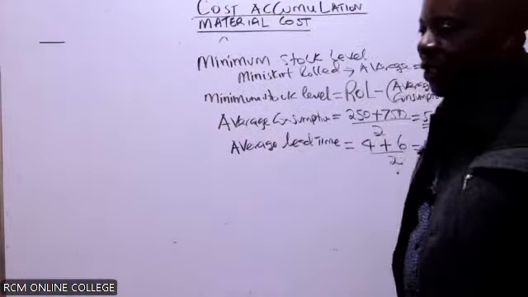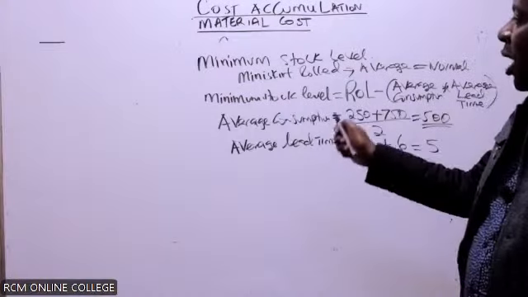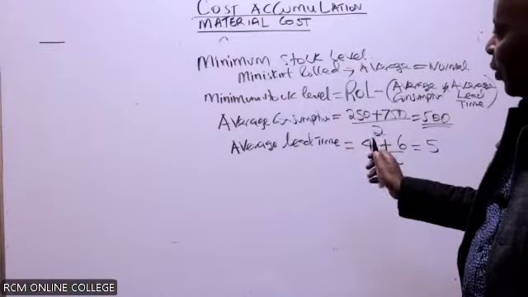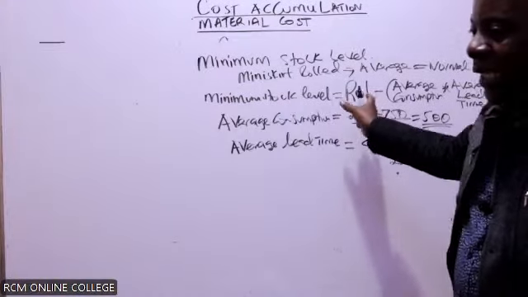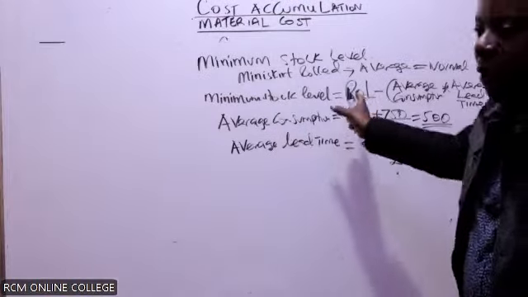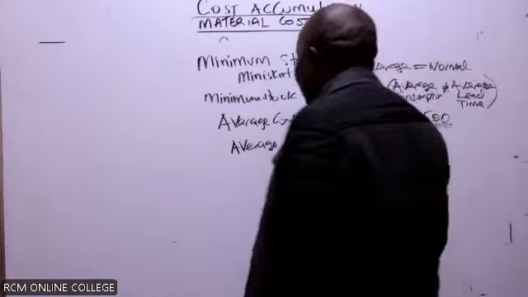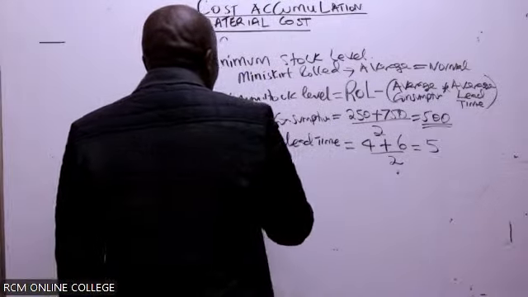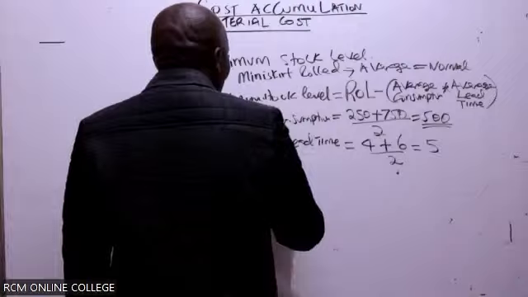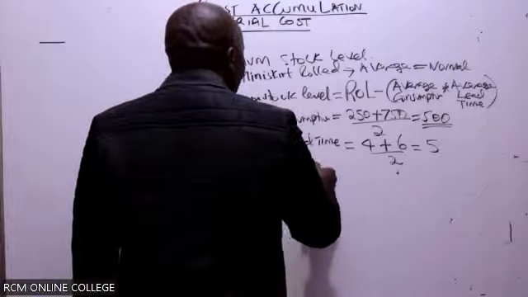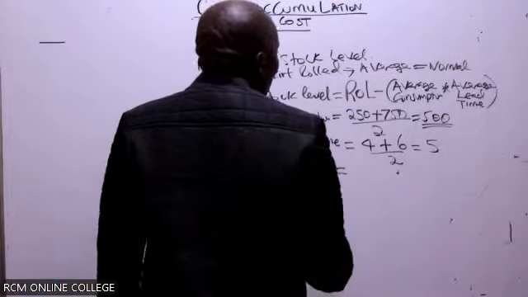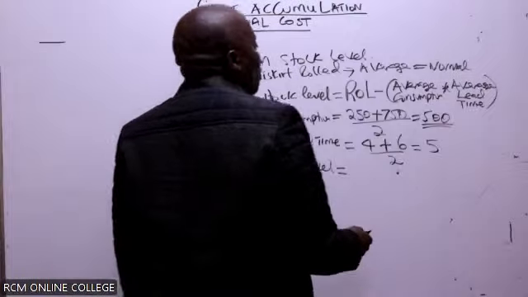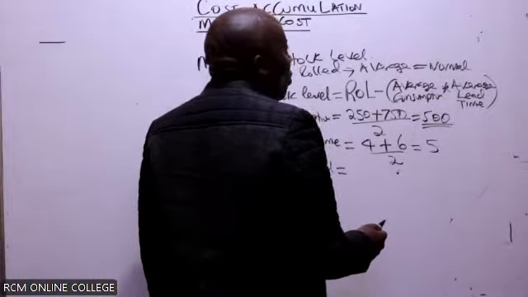Thank you very much. Now from there, I'll be able to come and get this minimum stock level by plugging in, putting in things here. So ladies and gentlemen, then, my minimum stock level will be equal to the reorder level. So are you able to remind Mwalimu what the reorder level was?